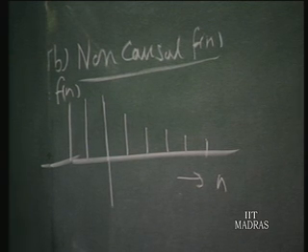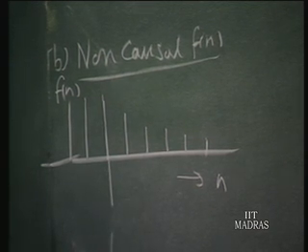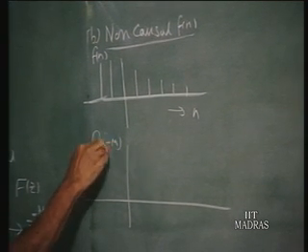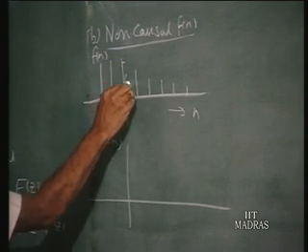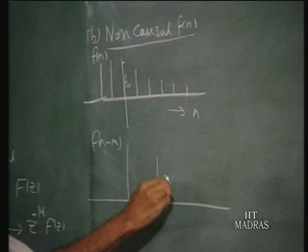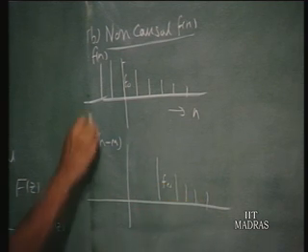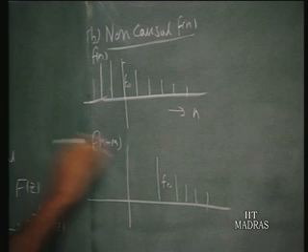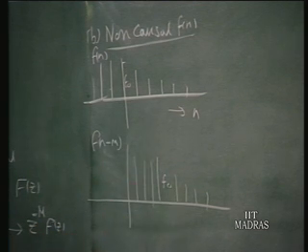Then it is delayed by m units, therefore f of n minus m, this original value f0 gets shifted here and you have these values, but whatever are occurring at negative instances of n will also appear here.